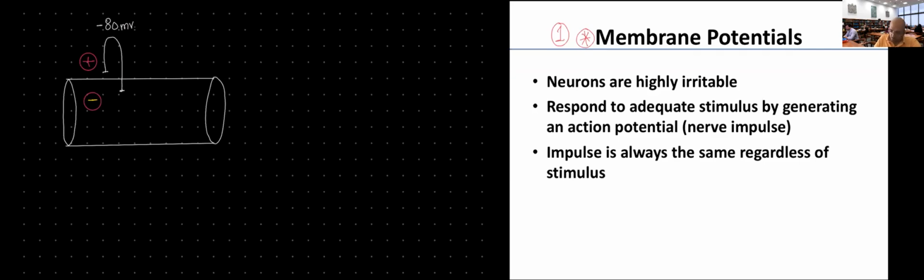Another thing we need to consider when we discuss the membrane potentials is that outside I have much higher concentrations of sodium. This is the most prominent cation on the outside. The most prominent positively charged ion on the inside of the cells is the potassium.